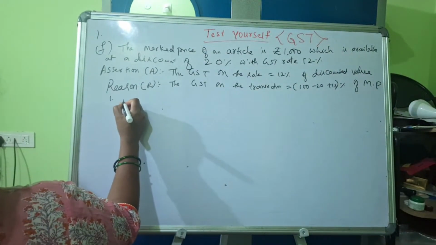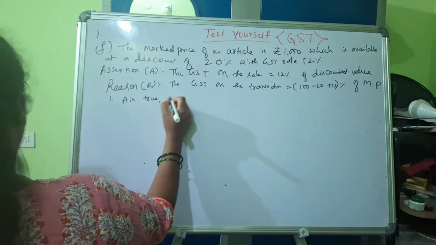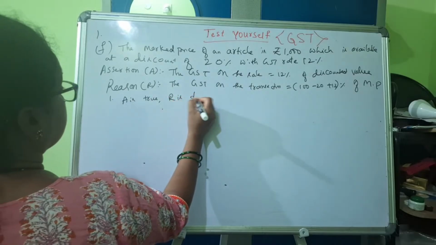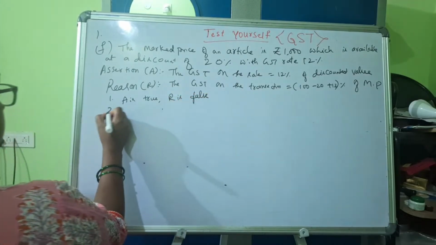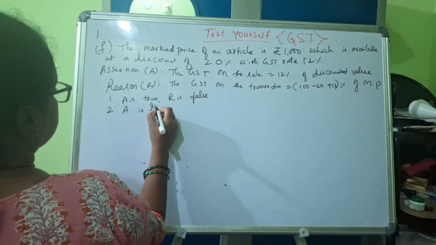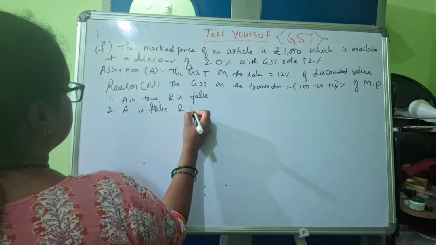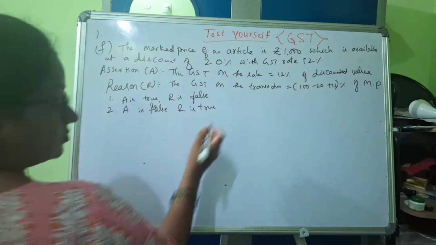First option is A is true, R is false. The second option is A is false, R is true.